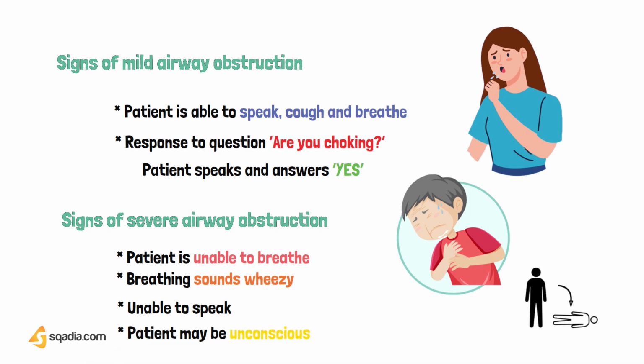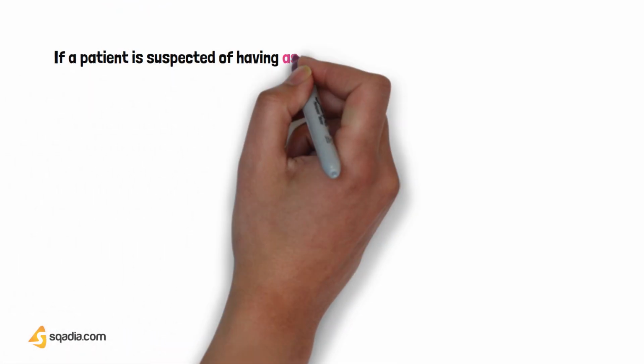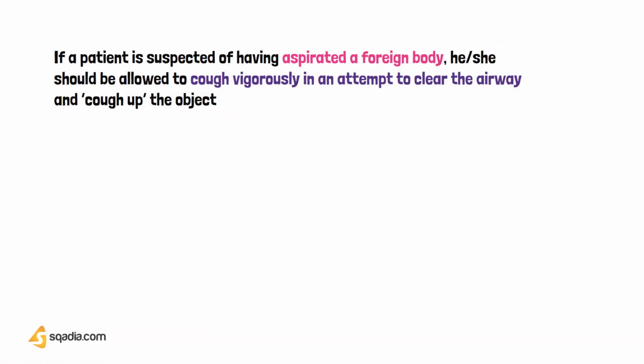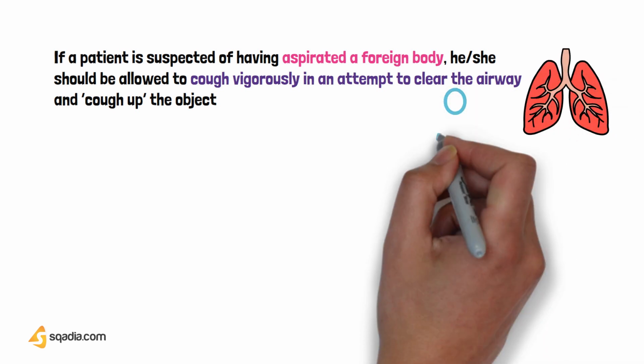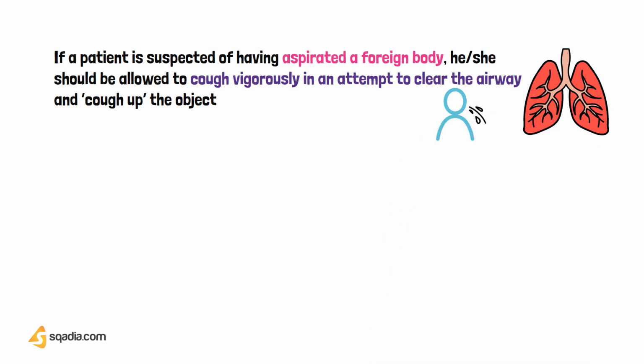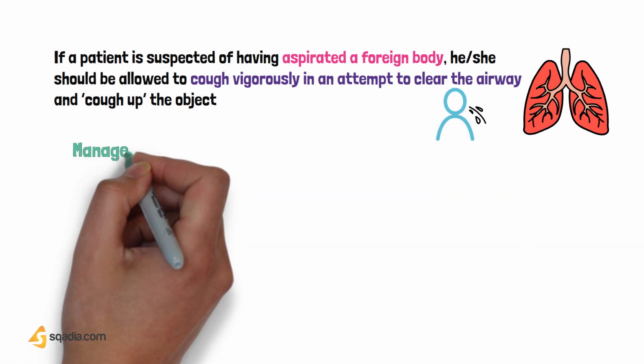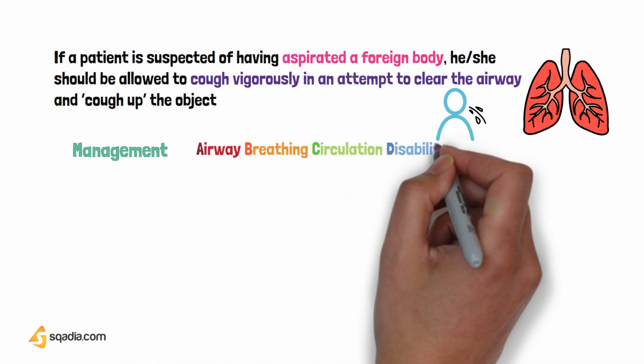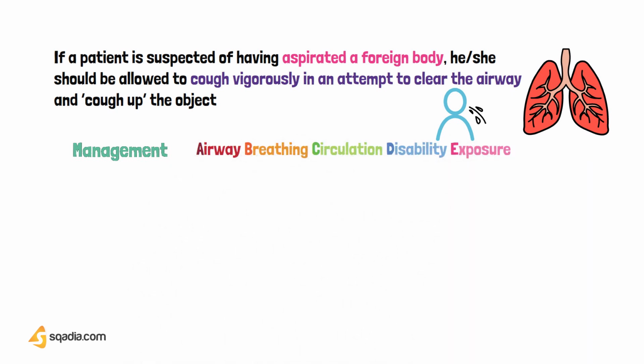If the patient is suspected to have aspirated a foreign body, we're going to allow the patient to cough vigorously so the airway is cleared out and the object is coughed up. In addition to that, we're going to follow the ABCDE protocol and we're going to position the patient upright. We're going to give back blows.